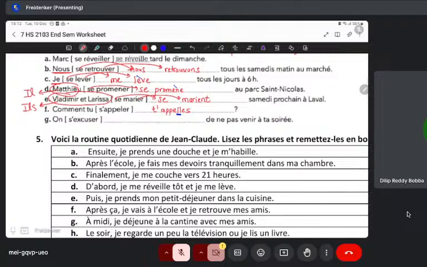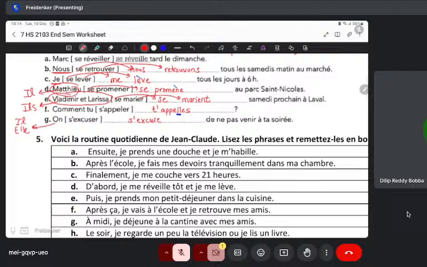So comment tu t'appelles? On s'excuse, okay. On will retain the S, so S will not go anywhere. And I'm writing S apostrophe because there is a vowel here. And how do you conjugate this one? However you conjugate for il or elle, same way you conjugate. So on s'excuse.